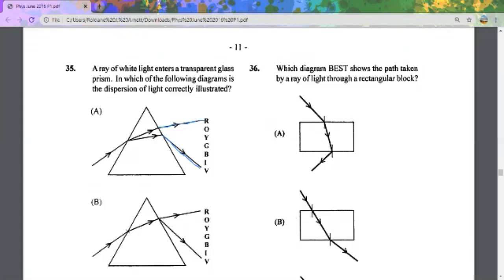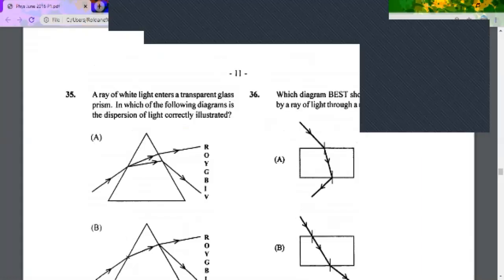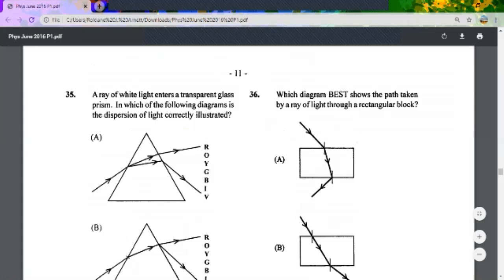So some are bent more than others. So we would have red coming out first up at the top, and then we would have violet down here. So it would follow this arrangement: red, orange, yellow, green, blue, indigo, and violet. Yes, so it would be A.